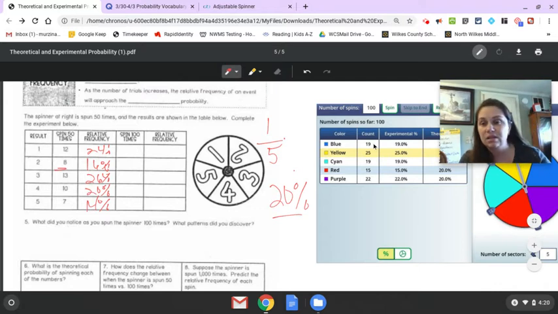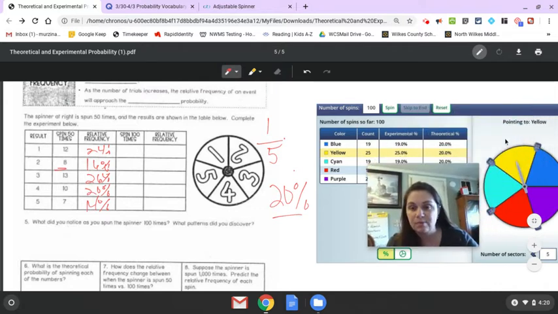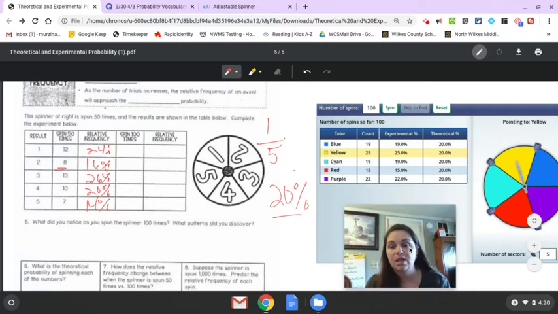And if you can see over here, my little table where I've already done it, when I spun it 100 times, my experimental probability, here's what I came up with. Theoretical probability, or my actual probability, would be 20%. So if you look at my little table, I have 25 and 19.